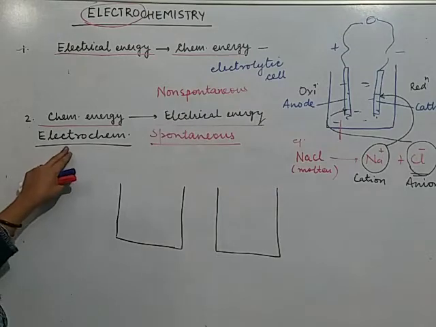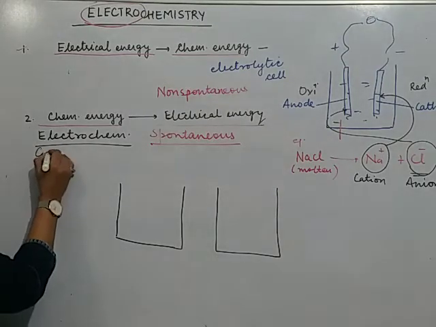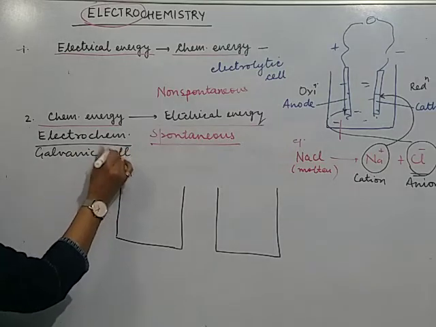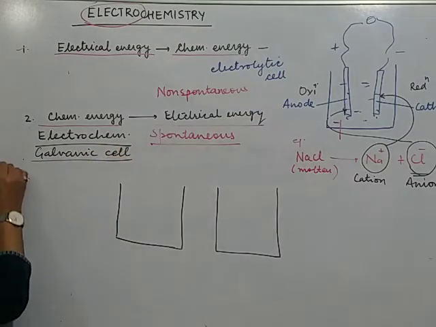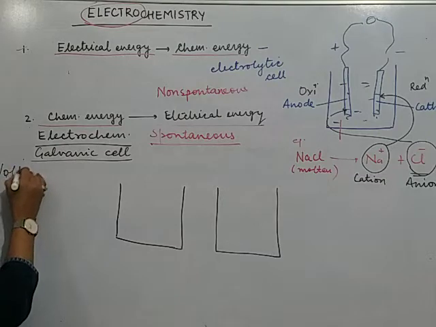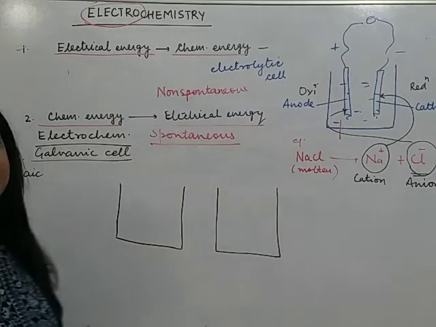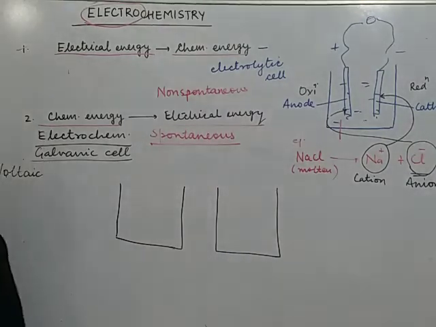Now these cells are also called galvanic cells, and the most common example is the voltaic cell, which you must have heard of. We call them voltaic cells because the scientist who first constructed it was Alessandro Volta. So that is why sometimes they are also known as Volta cells.